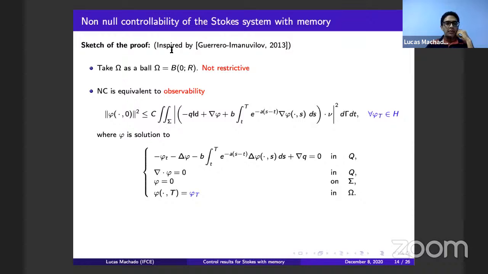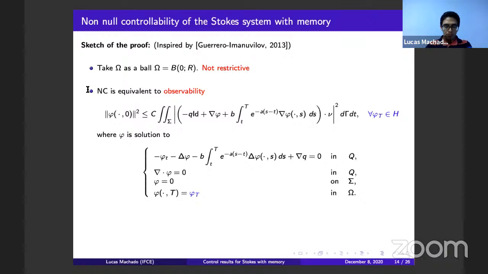And the first point is that it is not restrictive to consider omega as a ball with center 0 and radius R, okay, because you can use an argument of domain extension, okay.